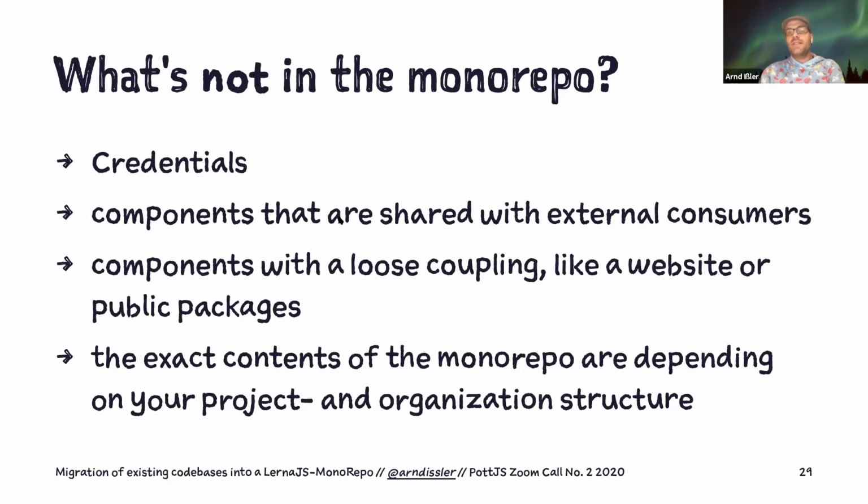The second thing not in the MonoRepo is components that are shared with external consumers. A good approach is to exclude components or modules from the MonoRepo that are shared with others as a dependency. Maybe it has a loose coupling, like a website or public packages or documentation.